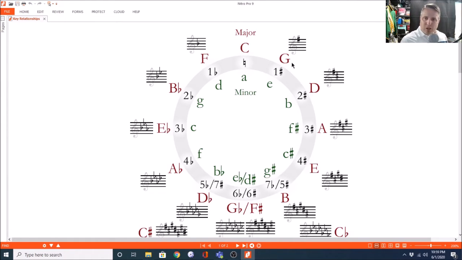Now that pull back to the tonic is accomplished in one way through leading tones. A leading tone simply means that a note or pitch resolves or leads one step higher or lower, okay?